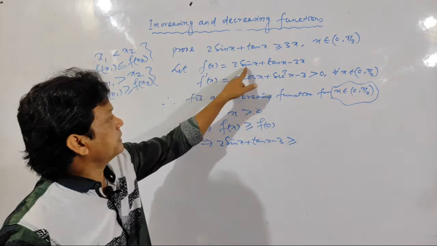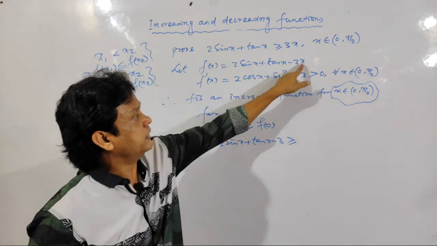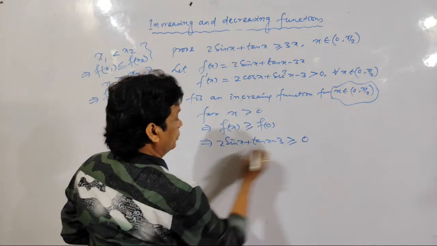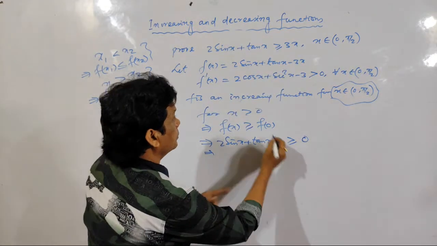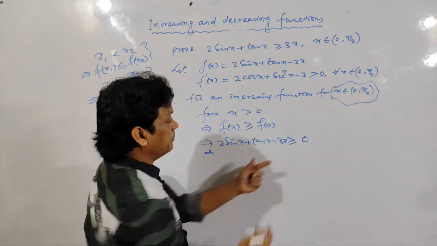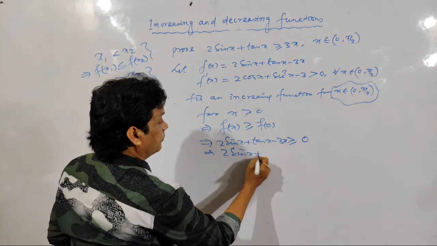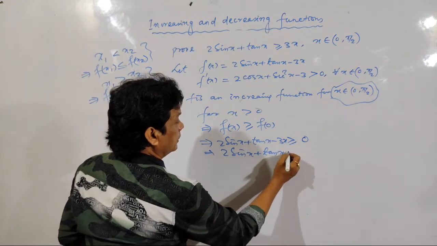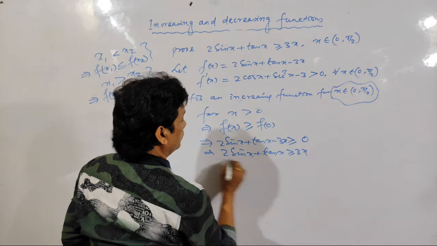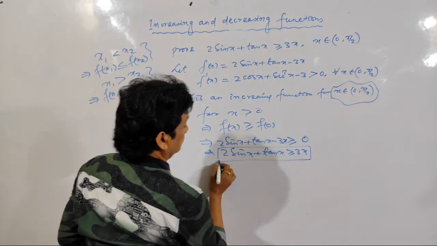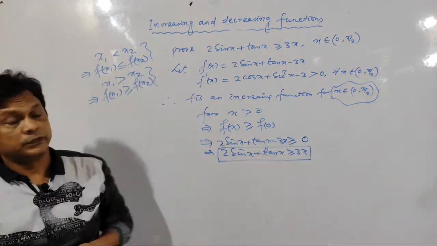F of 0 means sin 0 is 0, tan 0 is 0, 3 into 0 is 0. So greater than or equal to 0. So simply take minus 3x to the right hand side. It will become 2 sin x plus tan x is greater than or equal to 3x. So this is your proof. Clear?